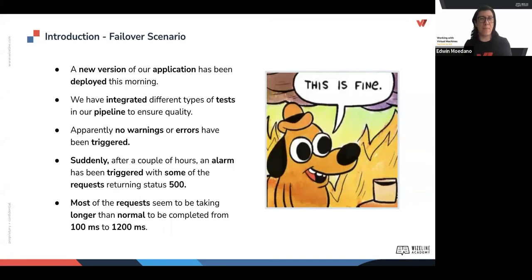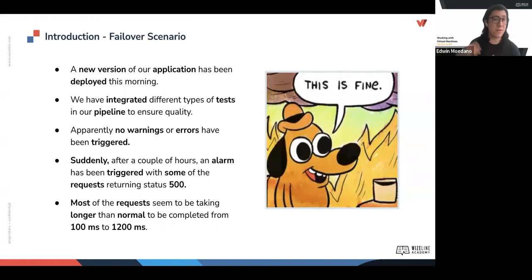We have integrated different tests into the pipeline to ensure quality from the quality assurance team, and maybe we didn't cover everything. This test needs to cover some parts, but we are not sure about that. Apparently no warnings or errors have been triggered in a couple of minutes, so we are good to go.